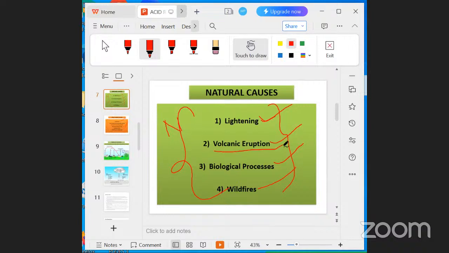And volcanic eruption. Volcanic eruption, so this is a natural cause, right? Natural cause because this is something which happens in nature, which is not in our control. So whenever any volcano erupts, a blast of gases comes from within the surface of the earth, which contains oxides of nitrogen and sulfur and also carbon.